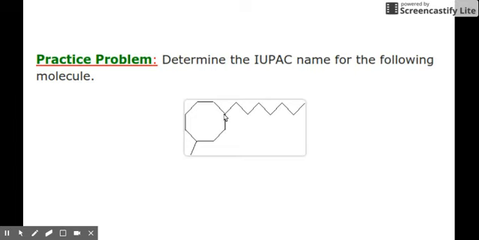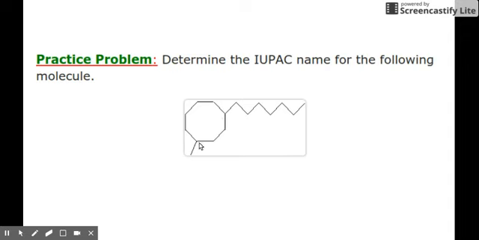This is our 1. But should we do it in a counterclockwise direction or a clockwise direction? Take note, when we decide what direction, we have to generate the least total value. If we do it counterclockwise, we'll have 1, 2, 3, 4, 5, 6.